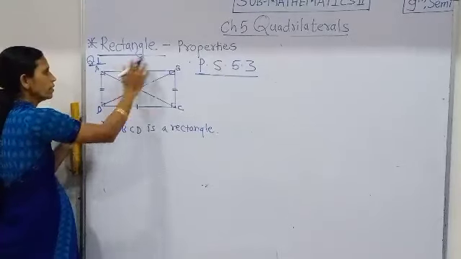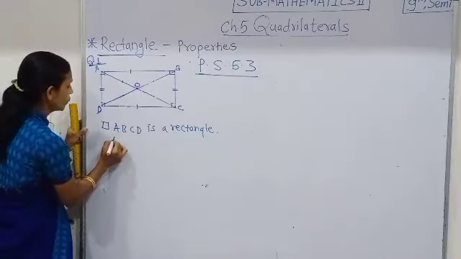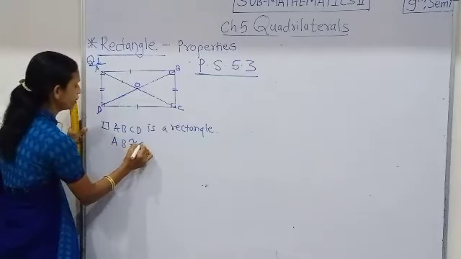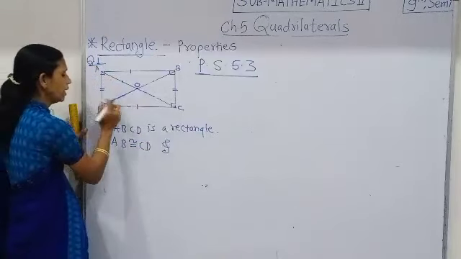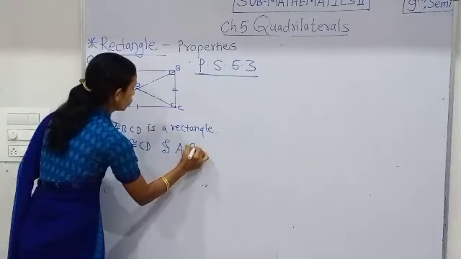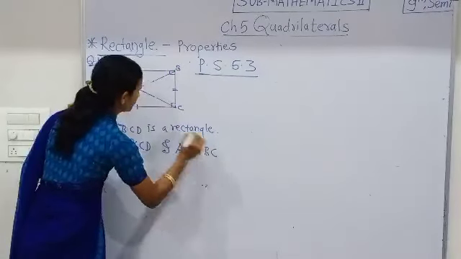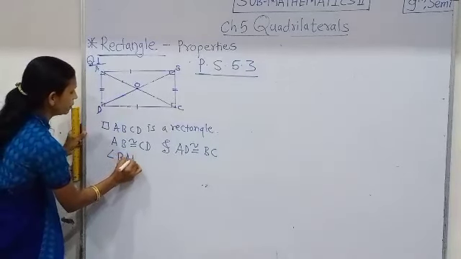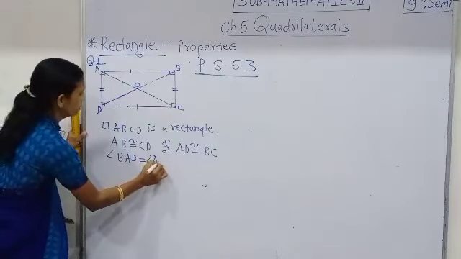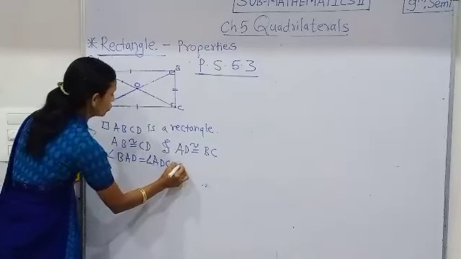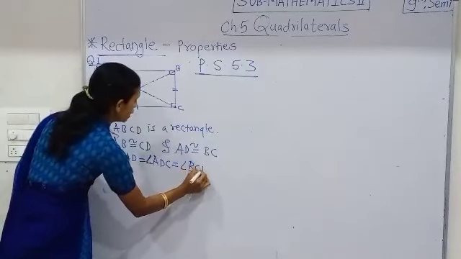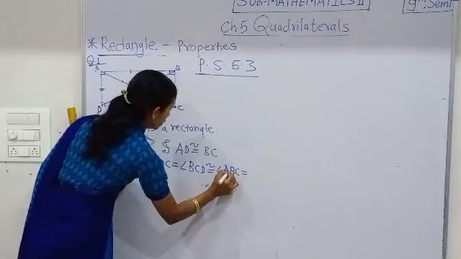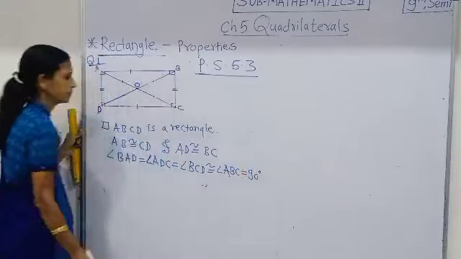As this statement is given here, then we can write that AB congruent CD and AD congruent BC, as well as we can write that angle BAD congruent angle ADC congruent angle BCD congruent angle ABC is equal to 90 degrees.